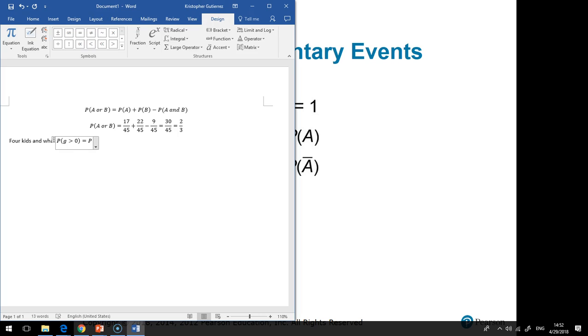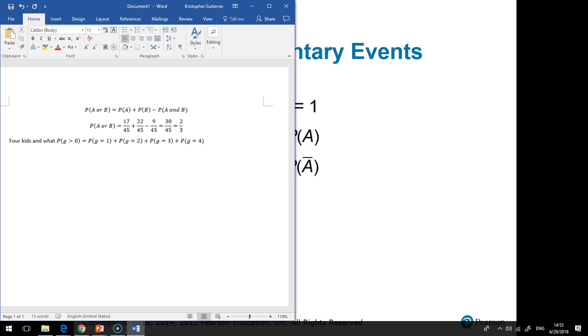That's equal to the probability that the number of girls equals 1, plus the probability that the girls equal 2, capital P, plus the probability that the girl equals 3, plus the probability that the girl equals 4. Well, that stinks. That's a lot of probabilities to calculate, and they are not simple probabilities to calculate.